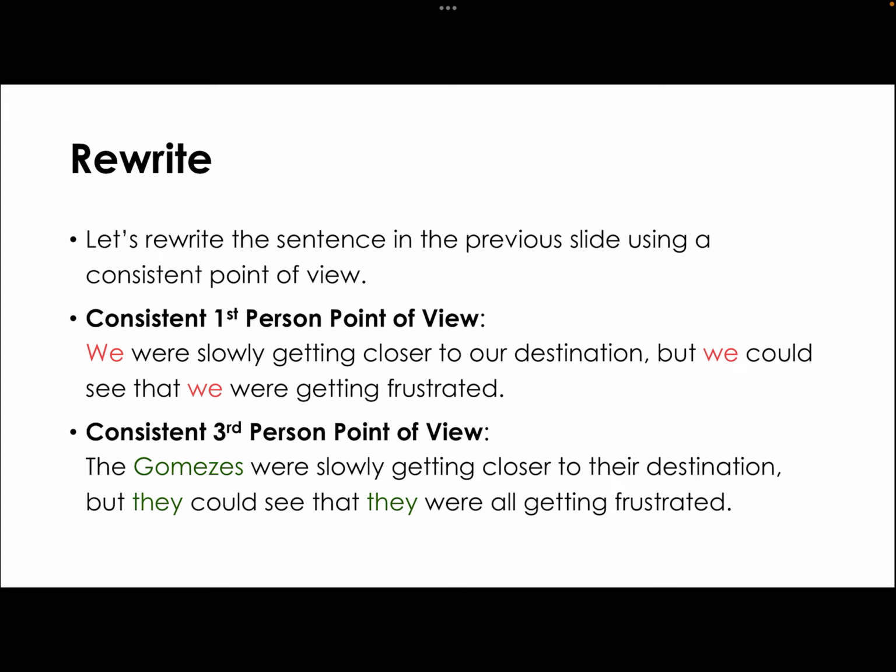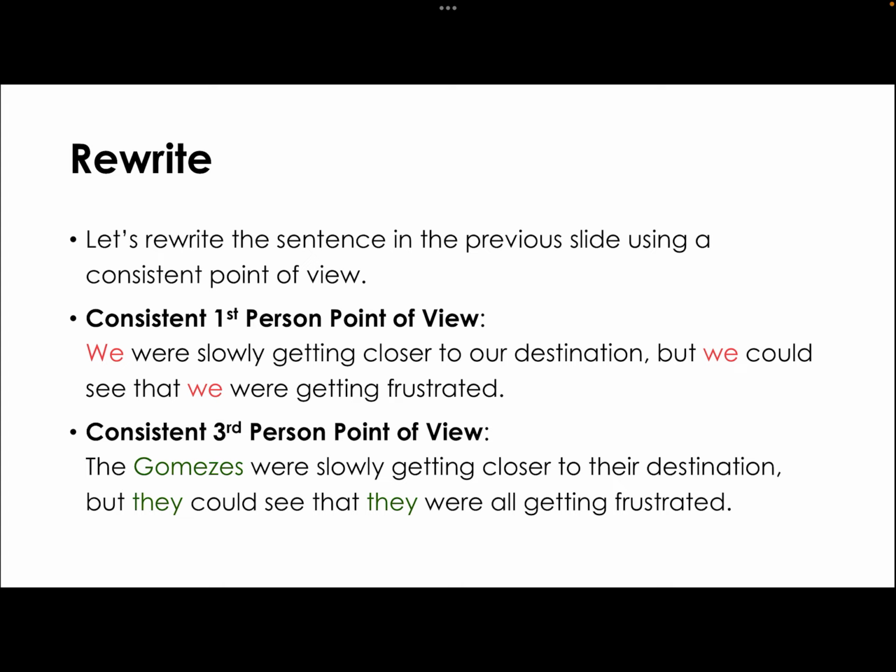So let's say you chose the first person, then you have to change the second and third person plural. So the revision can be made as, we were slowly getting closer to our destination, but we could see that we were getting frustrated, right? So here we can see three different pronouns and they're all we, so the point of view in this writing is consistent.